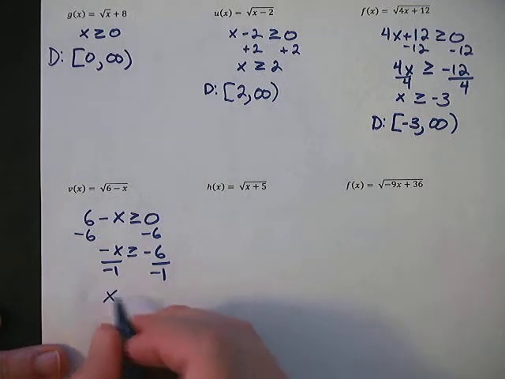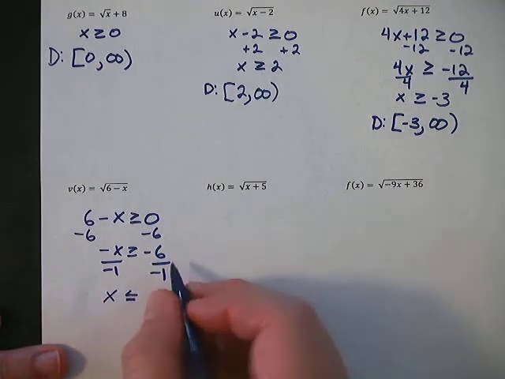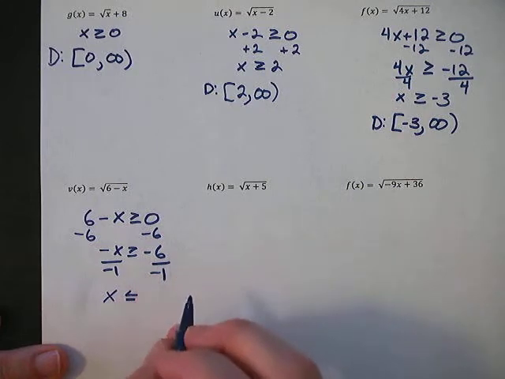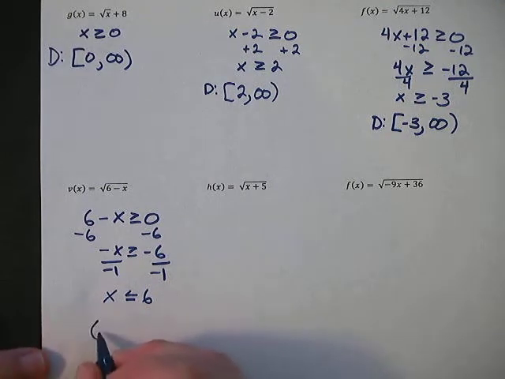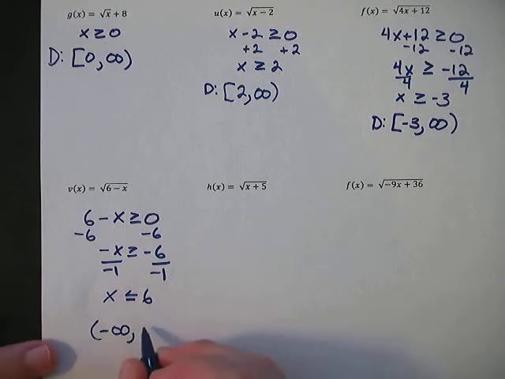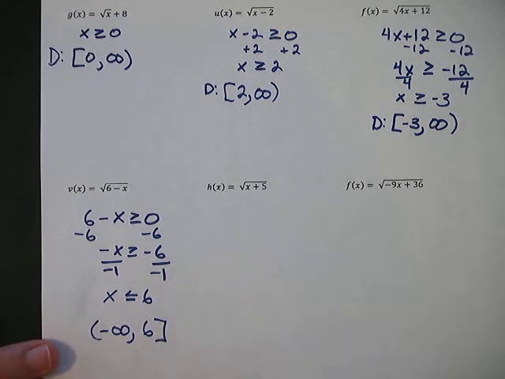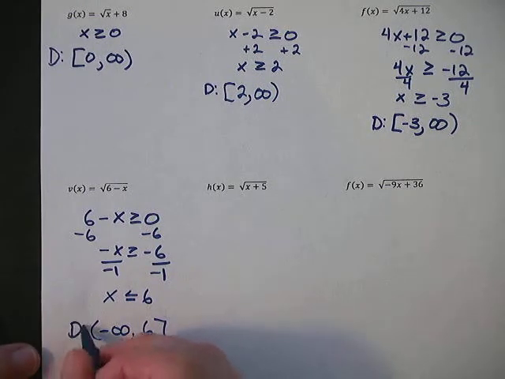So this becomes x is less than or equal to, negative 6 divided by negative 1 is 6. So your domain is all numbers that are less than or equal to 6. Your domain starts at negative infinity and stops at 6 with a bracket. That's the reason the negative infinity is here.